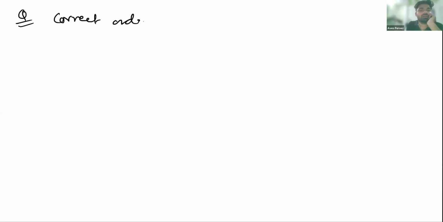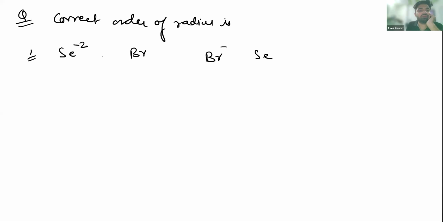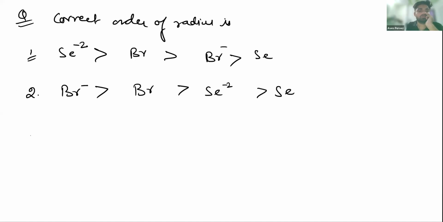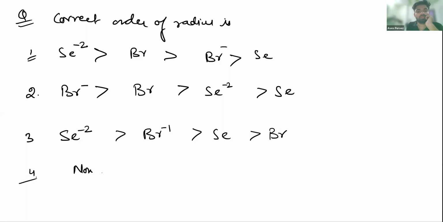The correct order of radius is: option 1, selenium, bromine, Br minus, and selenium. This one is second, bromine, then the third one is none of these.